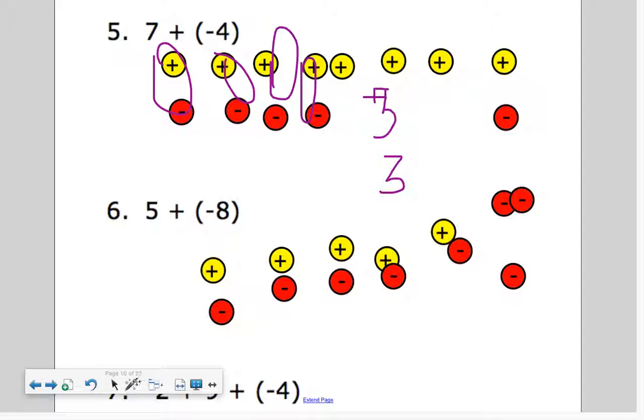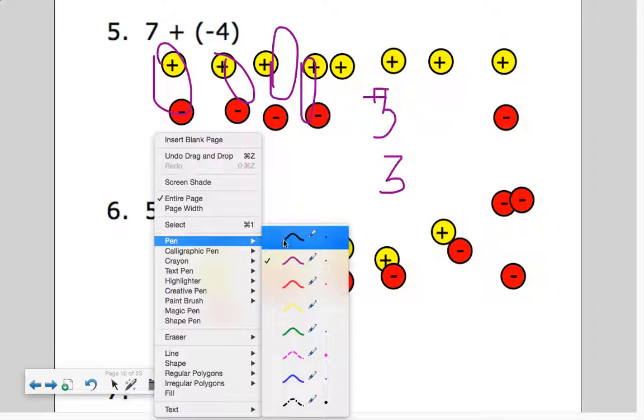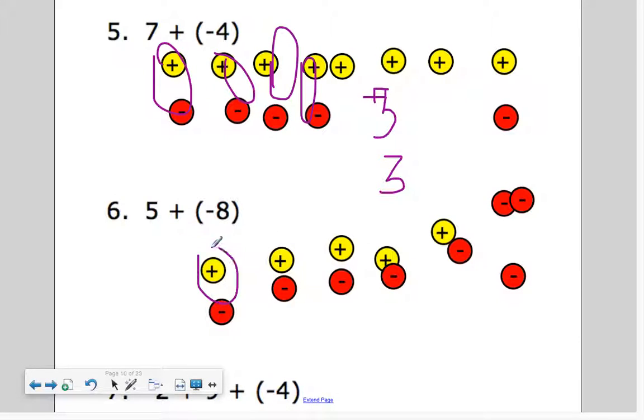Do you see any 0 pairs? I do. I see a 0 pair here, here, here, here, and here. What do I have left? 3 negatives. So the answer is -3. Mentally, do I have more positive or more negatives? I have more negatives by 3.